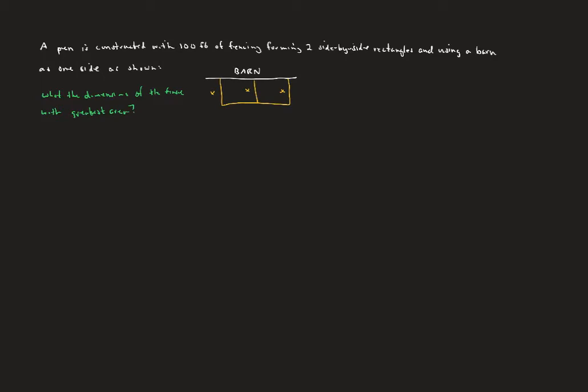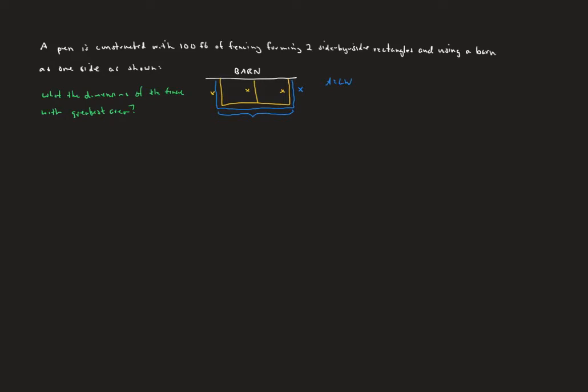So we know that we can consider this to be one big rectangle here, and we can see that one side is going to be x, and what we need is an expression involving x for the other side, because we know that the area of the rectangle, the thing we're trying to find the maximum of, is going to be length times width.